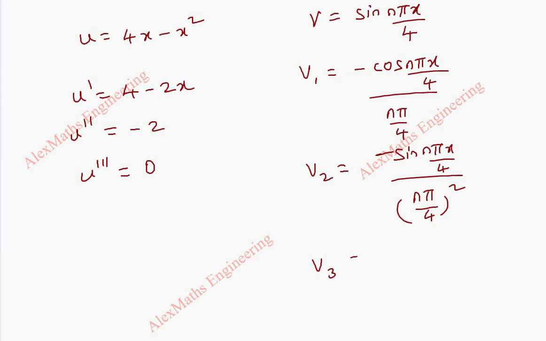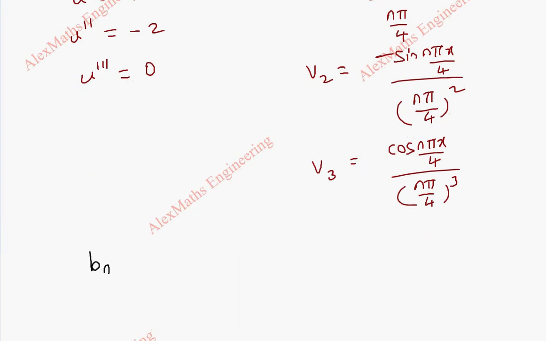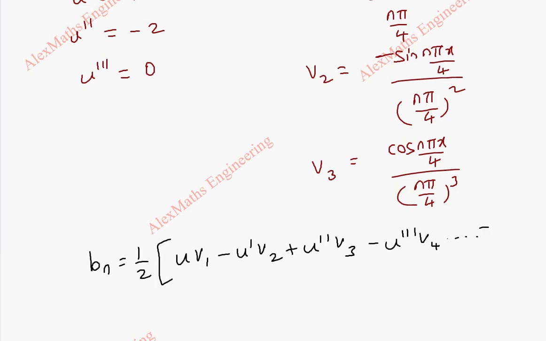Then v3 will be cos n pi x by 4 by n pi by 4 whole cube. Now applying this in the formula, we have bn equal to 1 by 2 of uv1 minus u dash v2 plus u double dash v3 minus u triple dash v4 dot dot dot, and we have the limit from 0 to 4.